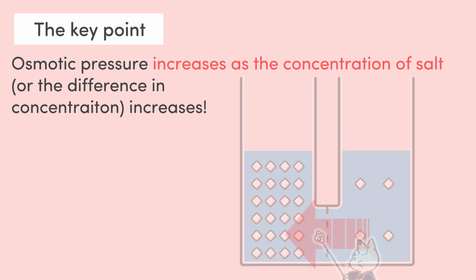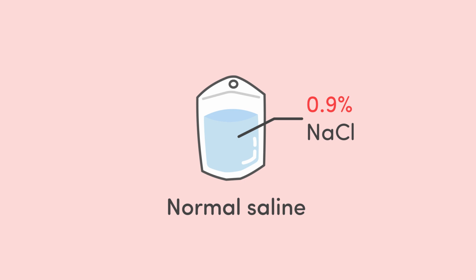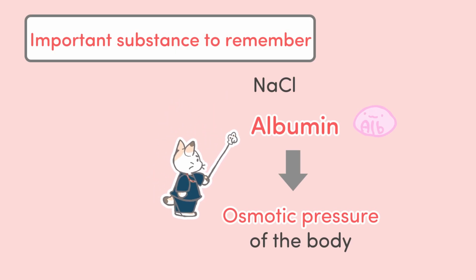A solution with a higher concentration than another solution is called hypertonic, one with a similar concentration is isotonic, and one with a lower concentration is hypotonic. Normal saline is adjusted to have the same osmotic pressure as body fluids, with a sodium chloride concentration of 0.9%. Sodium and albumin are important substances involved in osmotic pressure within the body.